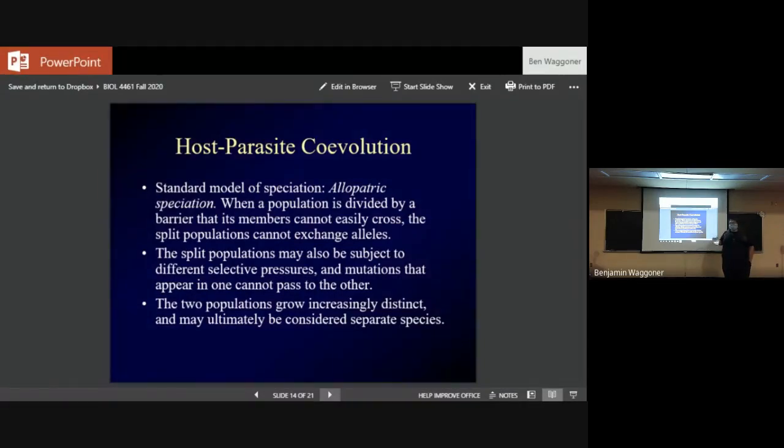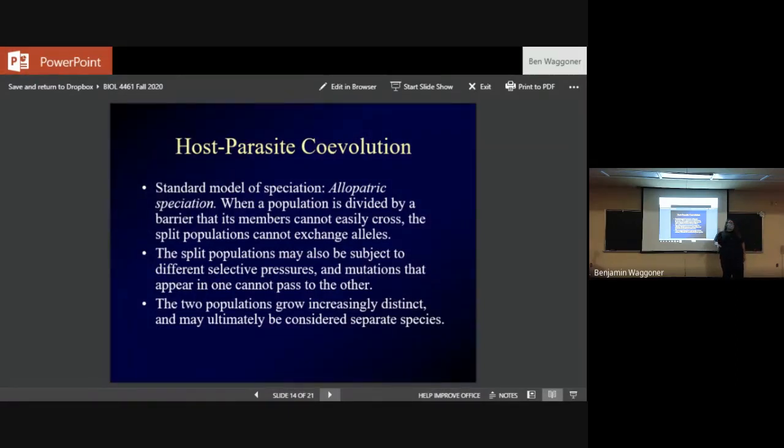Allopatric speciation means different fatherland. And to start it, you have a population of something, animals, plants, whatever it is, living in a region, right? Living in a common homeland.